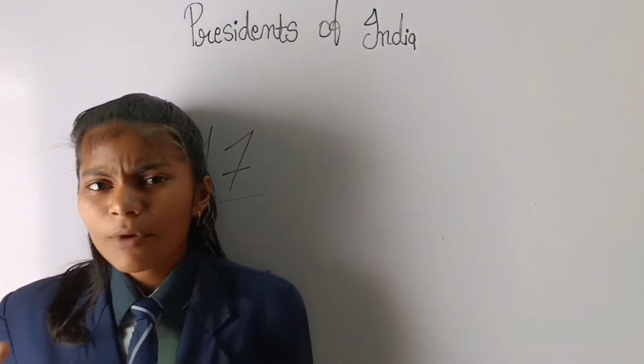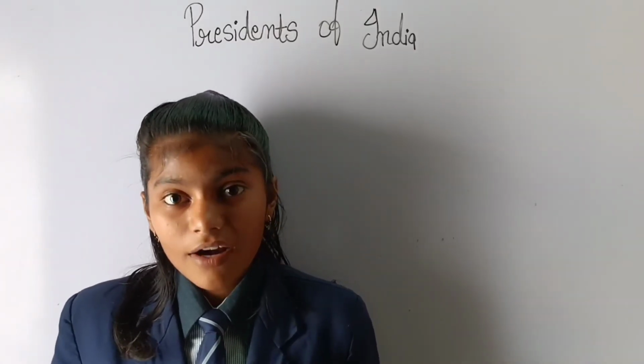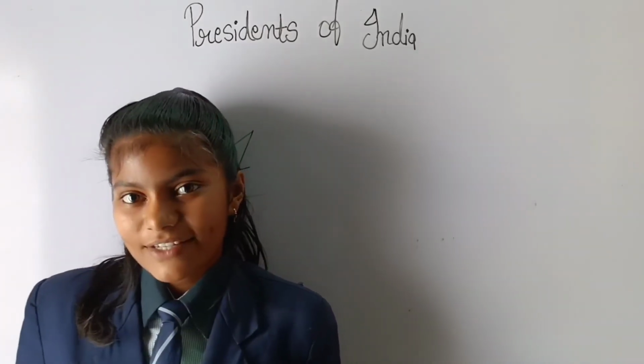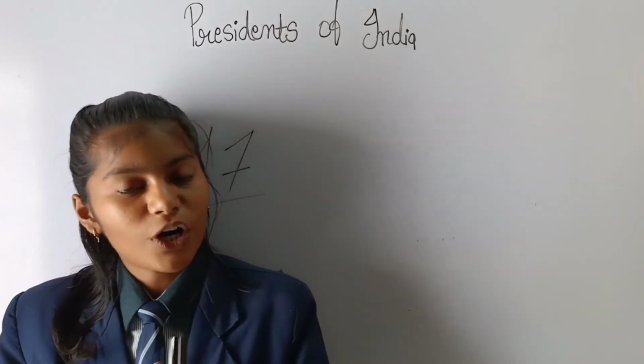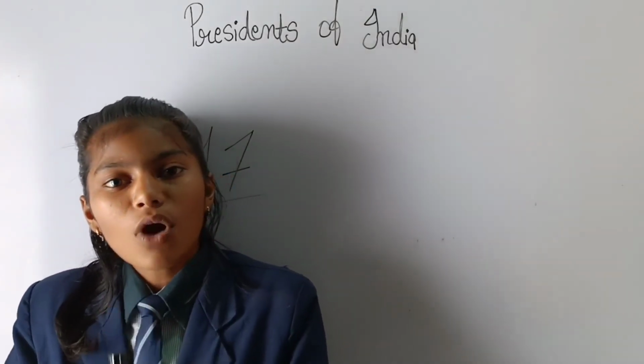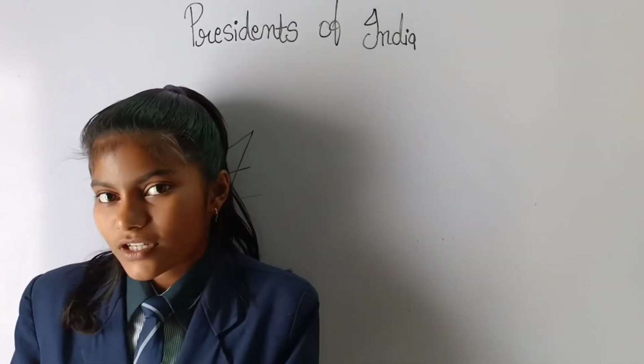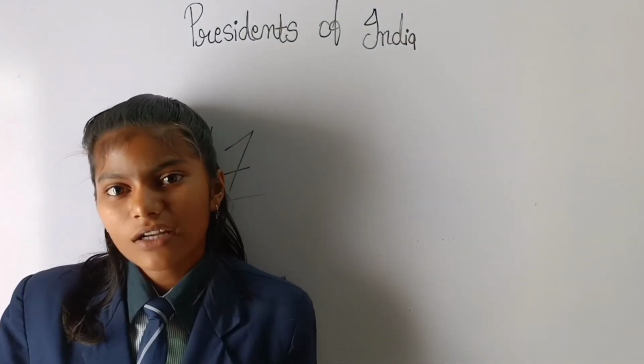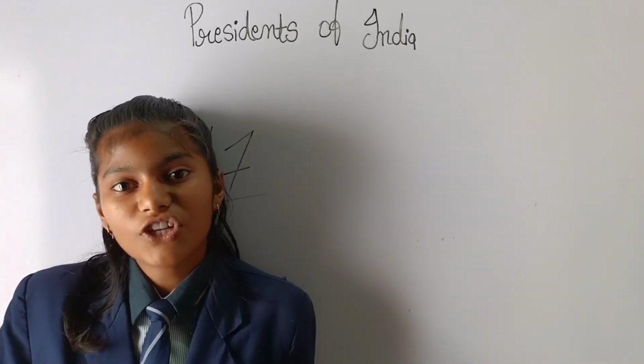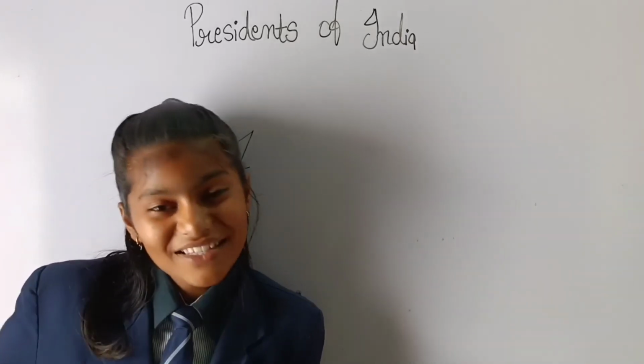Now there are some important facts about these presidents. There are two presidents, Zakir Hussain and Fakhruddin Ali Ahmed, who are the only presidents who died in office. The next thing is that the only Chief Justice who became the President of India was Justice Hidayatullah.